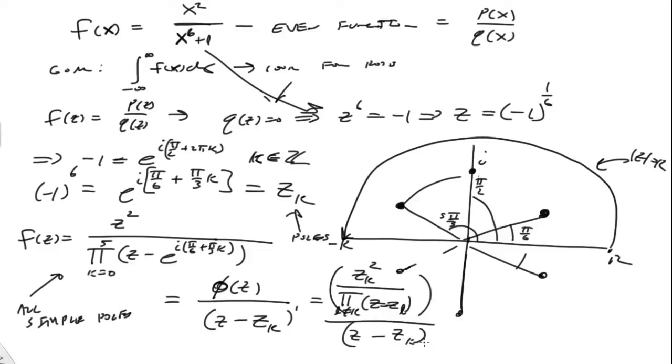Okay, and the problem with this is it's a bit unwieldy. So let's now use our theorem. We have a nice theorem from the previous video that we can use.